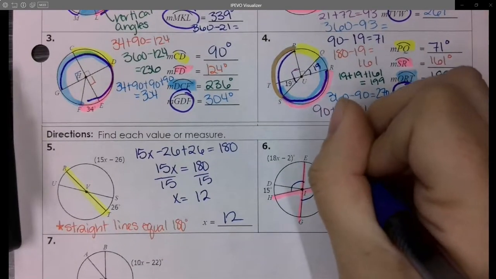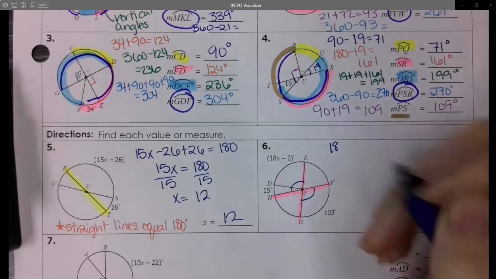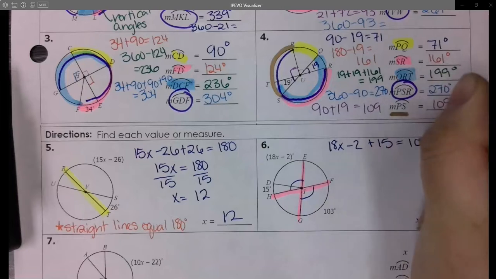So what I can do on my left side of the equation, I can add up the two from HD and DE and set that equal to 103.